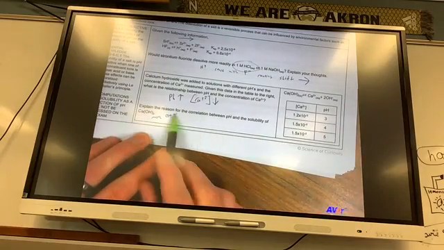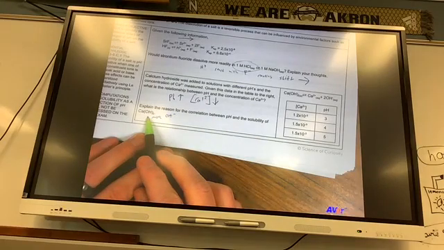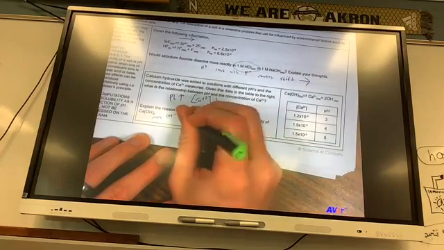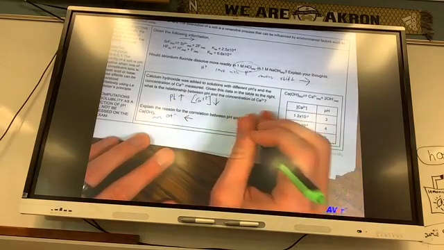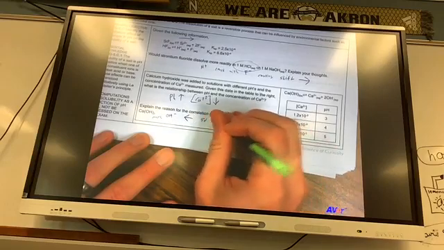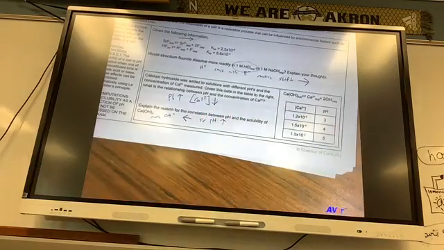So if it shifts back to the left, then I'm going to have less Ca plus 2. More OH minus, shifts left. So pH increases.